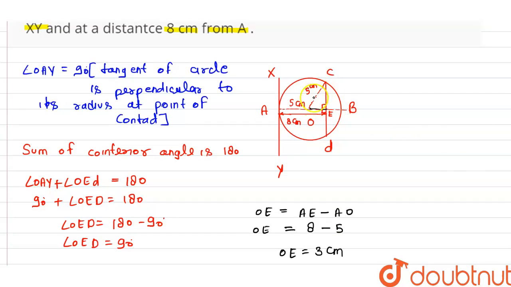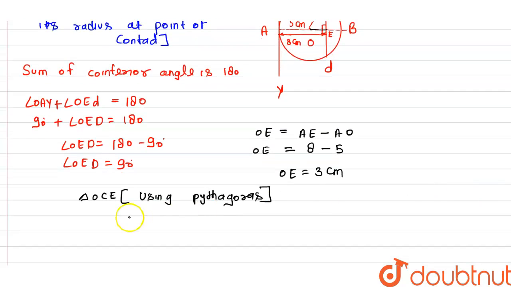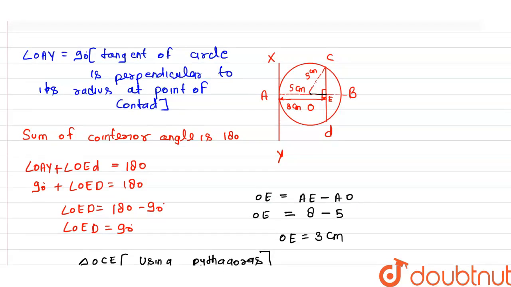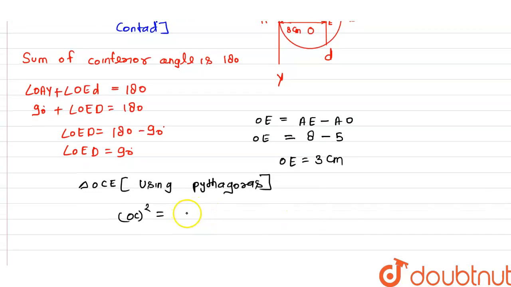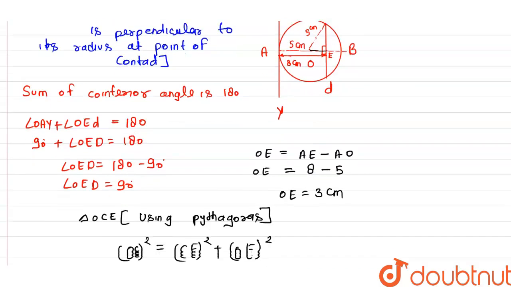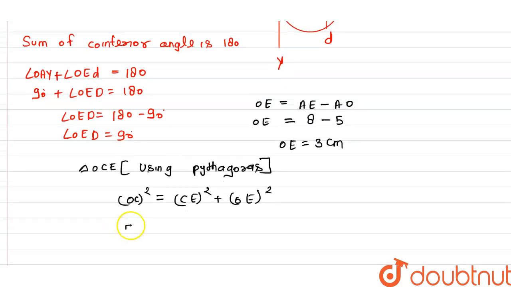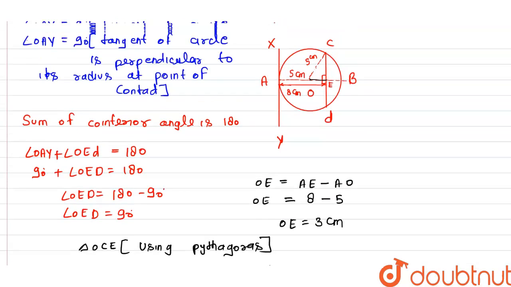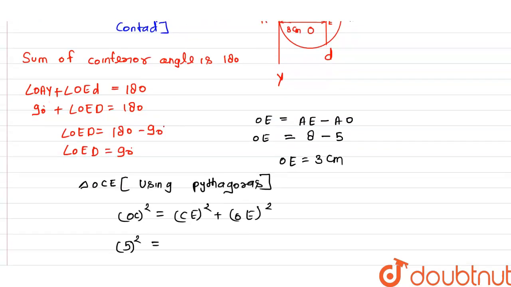So the opposite side is the hypotenuse. The Pythagoras theorem says the hypotenuse square is equal to the sum of the squares of the other two sides, that is OC square is equal to CE square plus OE square. And here OC is the radius of the circle, that is 5, squared, equal to CE square plus OE, which is the 3 cm we have already found. CE we have to calculate.